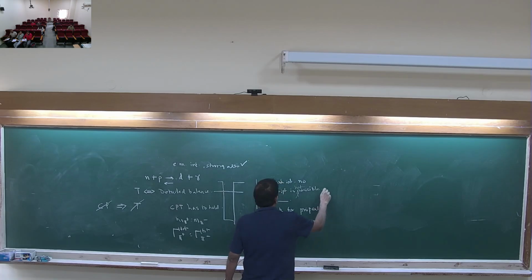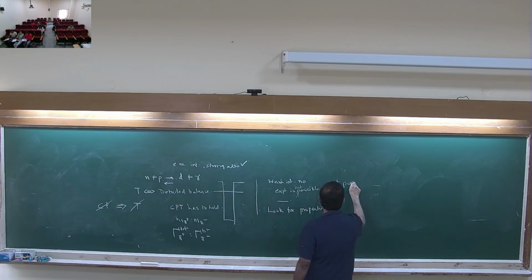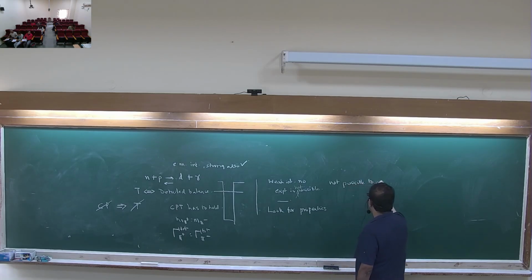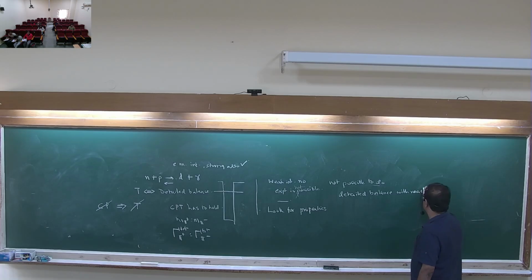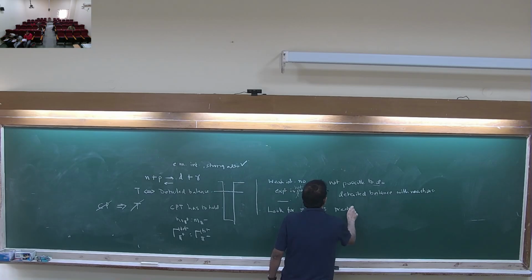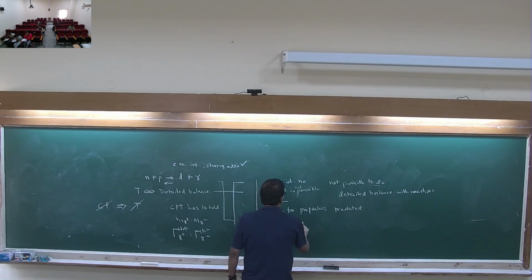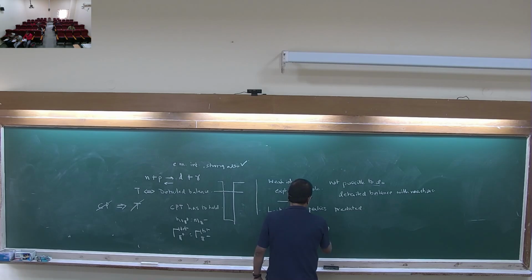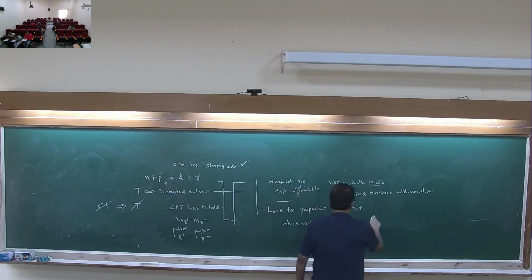So it's not possible to do detailed balance with reactions. So we have to look for properties predicted which violate CP, or T.